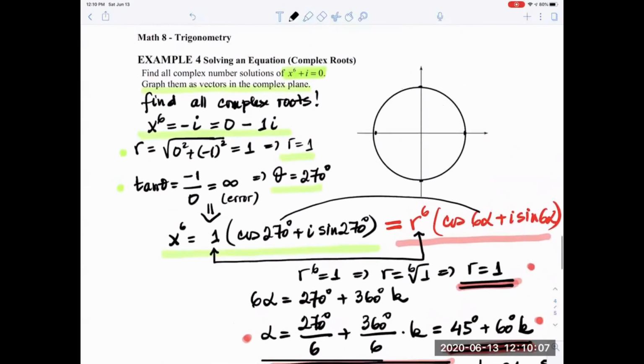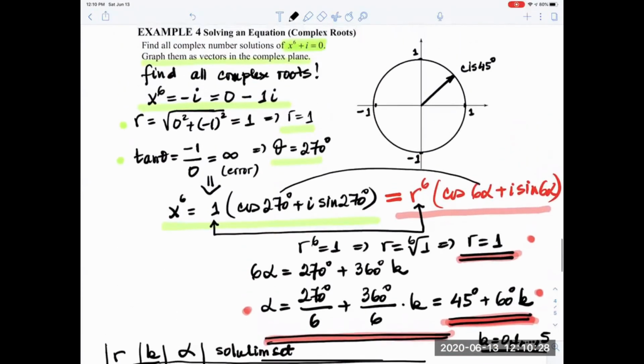So at 45, here's one solution. I'm going to just call it CIS 45, because this is a 1 everywhere. So this is a -1 and a -1. If this would have been a 2, then you make it a bigger circle, or you just make it like that and you call it a 2. Next one, 105.